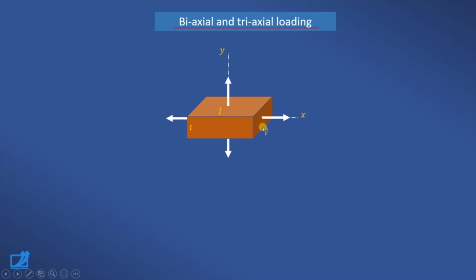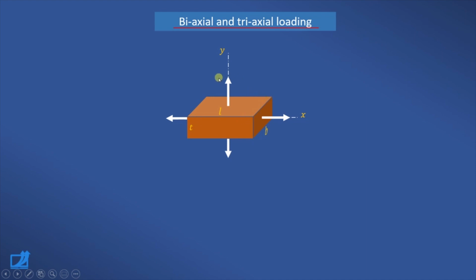Now this is very important to understand. Under load along the x-axis, and here the x-axis is along length, because of this load, strain in length is longitudinal strain, and strain in width and strain in thickness are lateral strains. Now because of this load which is along the y-axis, strain in thickness is longitudinal strain, and strain in length and strain in width are lateral strains.